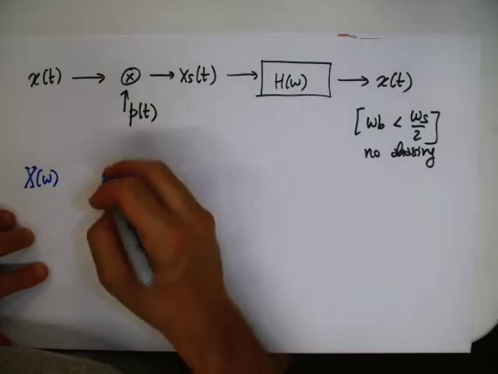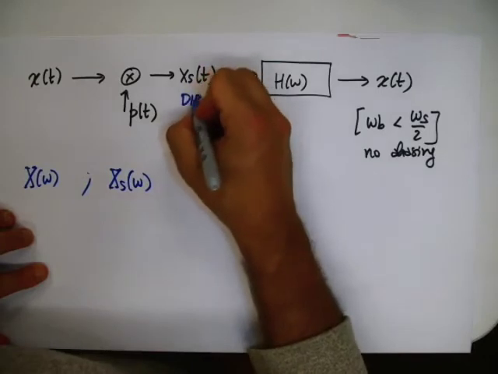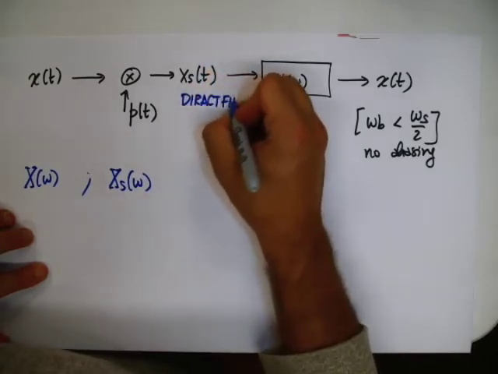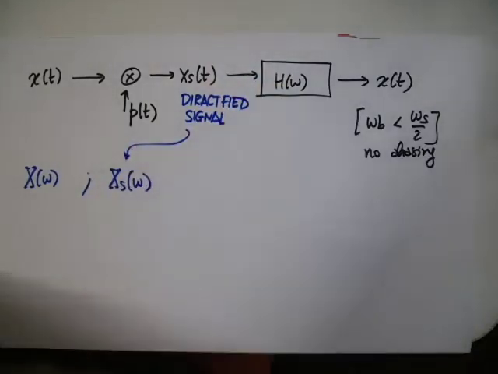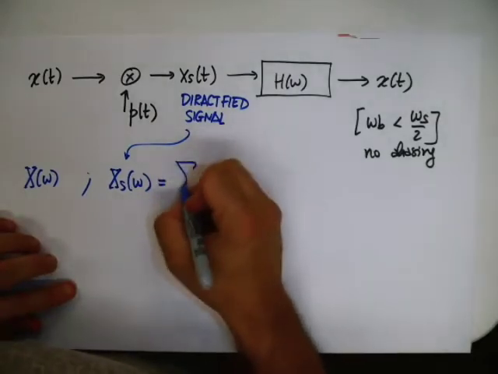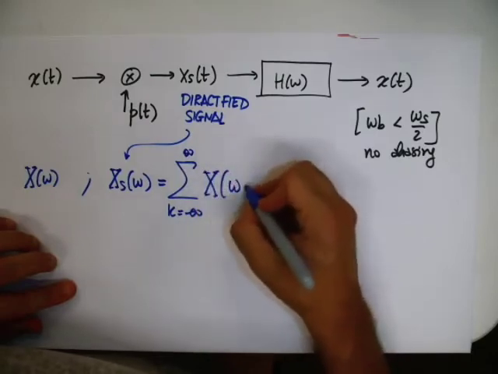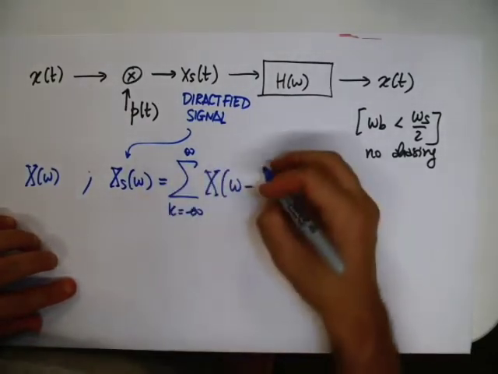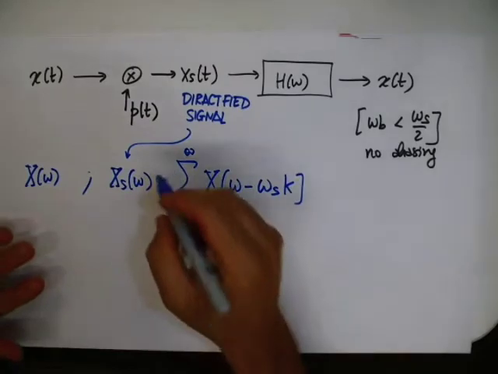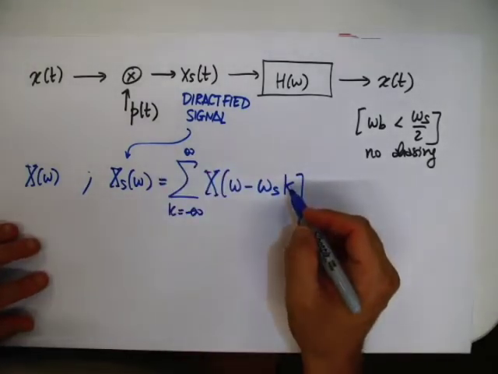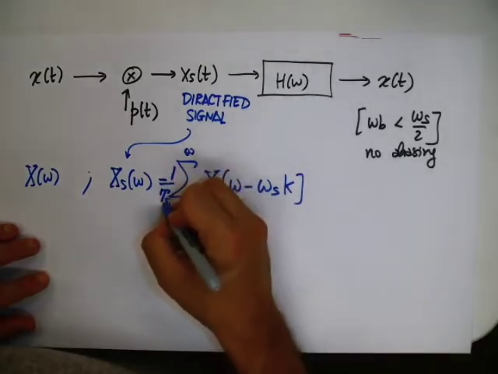Then we showed that the Fourier spectrum of the Dirac-ified signal can be expressed as the sum from k equal minus infinity to infinity of infinite copies of the original spectrum, but shifted, and here we have 1 over ts.